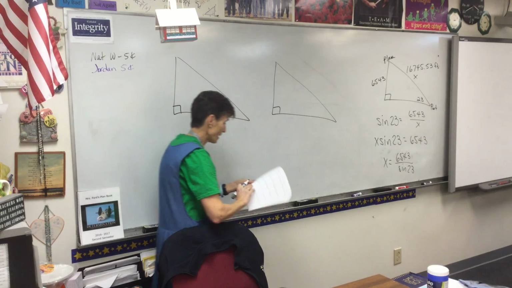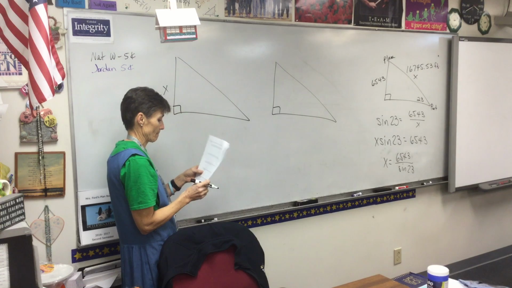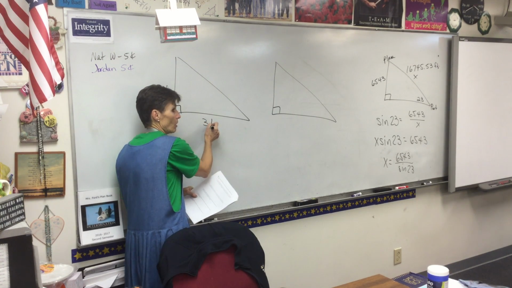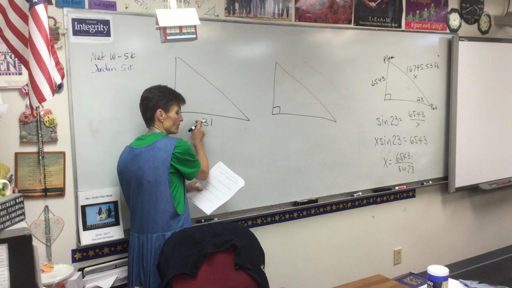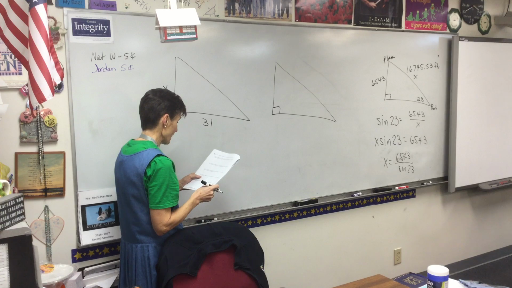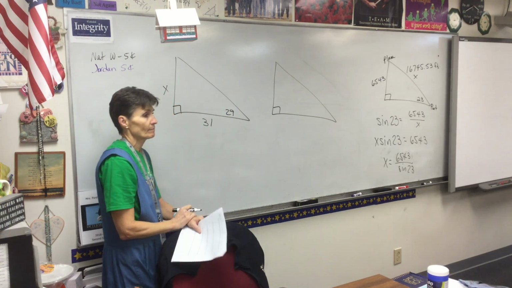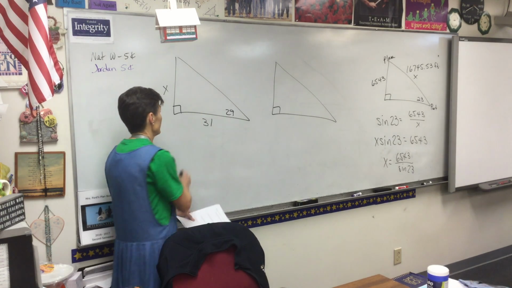Alright, so find the height of a flagpole that makes a shadow 31 feet long, right? Shadow on the ground. When the angle of elevation of the sun is 29 degrees. Tangent 29.